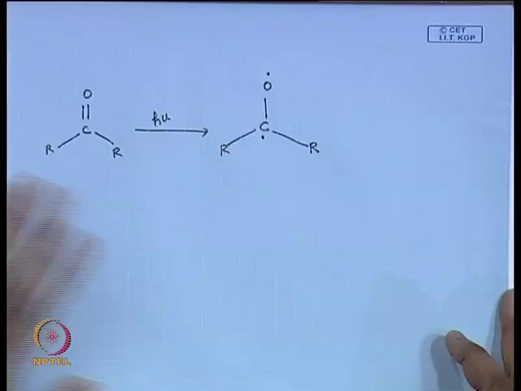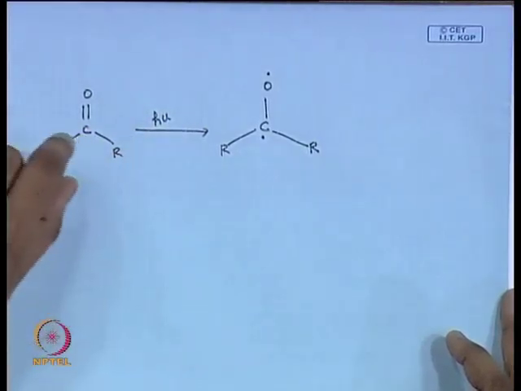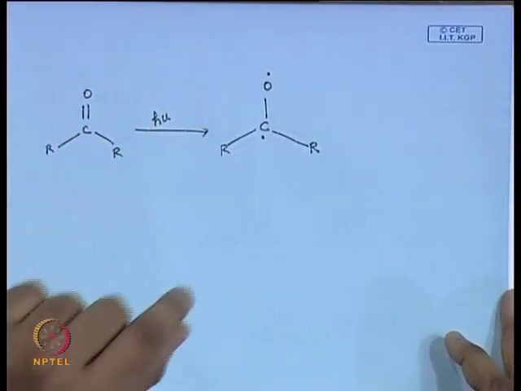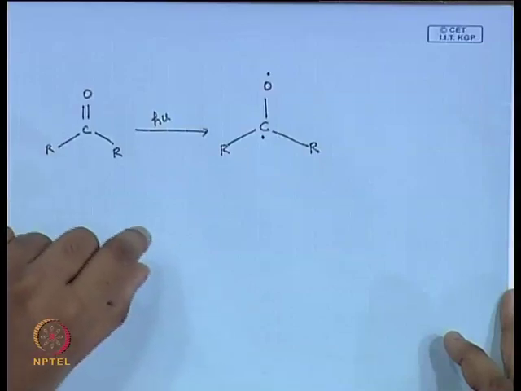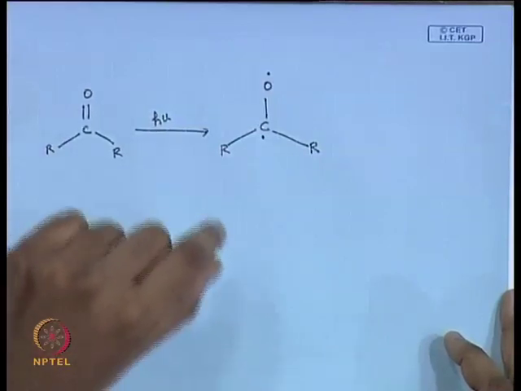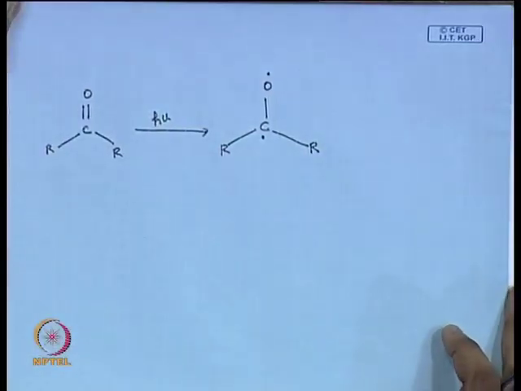We said that O dot will be the reactive one, because you get an alkoxy radical and your oxygen is electronegative, does not want a radical on its side. But on the other hand, your C dot radical is dispersed across your carbon and oxygen. So that is why we said the n pi star reactivity in carbonyl chemistry is dominated most of the time by your radical on your oxygen atom.